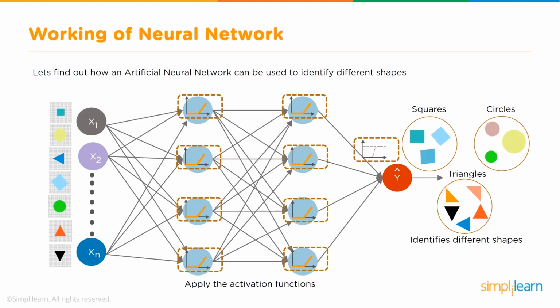So whether the output should be 0 or 1 is decided by the activation function. The activation function in turn takes the input, which is the weighted sum. Remember, we talked about Wixi plus B. That weighted sum is fed as an input to the activation function, and then the output can be either a 0 or a 1.